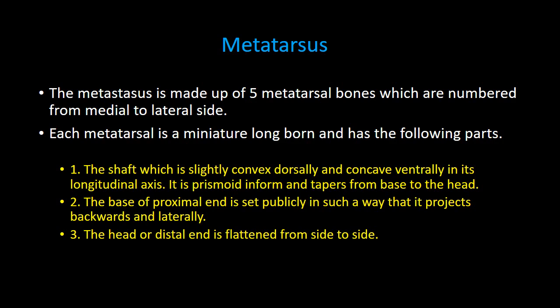It is prismoid in form and tapers from base to the head. Second one, the base or proximal end is set obliquely in such a way that it projects backwards and laterally. Third one, the head or distal end is flattened from side to side.